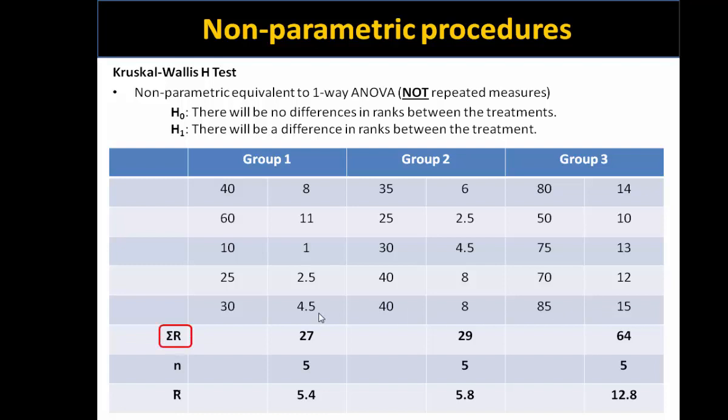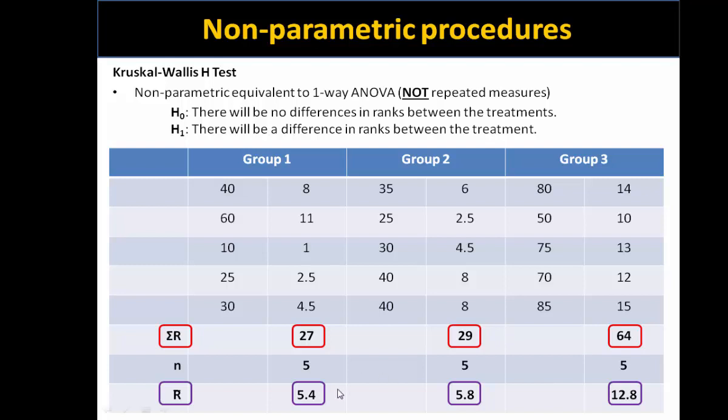In this scenario, we would add up all the ranks, and the summation would then be used in a set of equations for the Kruskal Wallis test, also considering the average rank. The average rank for group 1 is 5.4. We see the average rank for group 2 is 5.8, and the average rank for group 3 is 12.8.